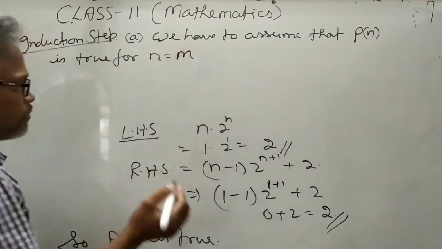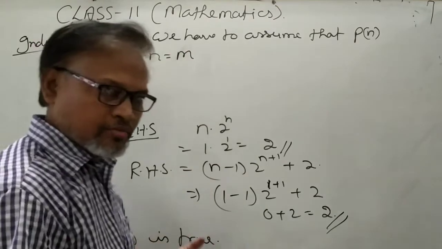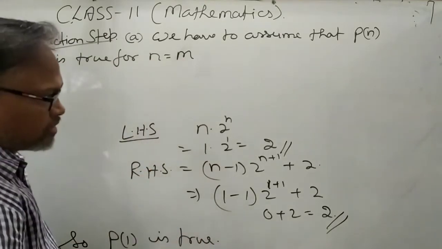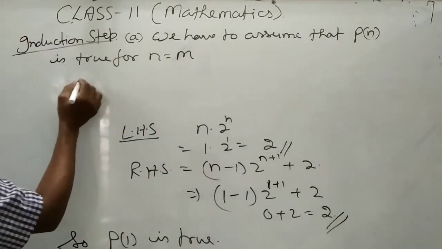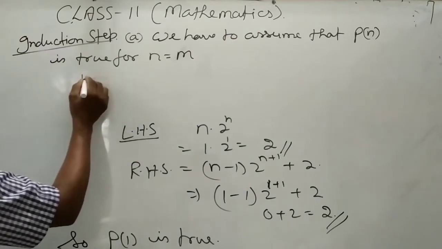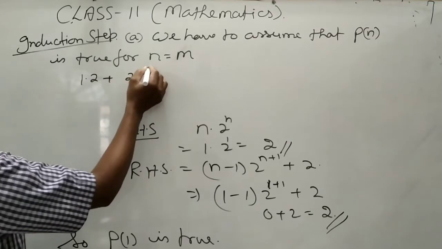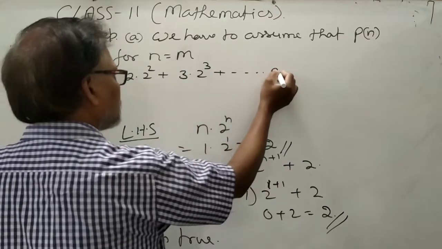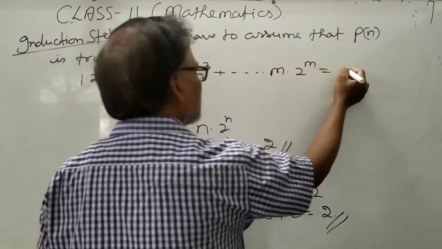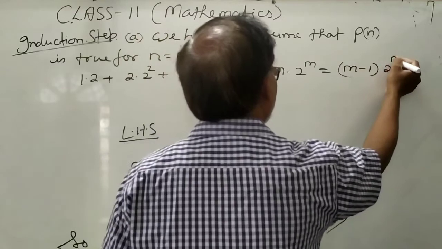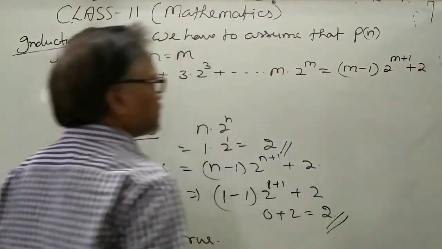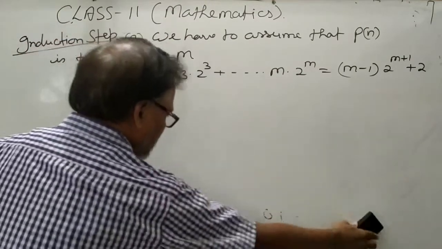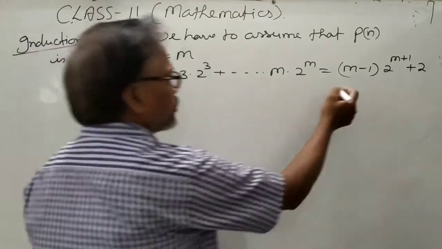In the book it is given as m, otherwise you can write any variable. So you put m in place of n in equation 1. This is equation number 2.